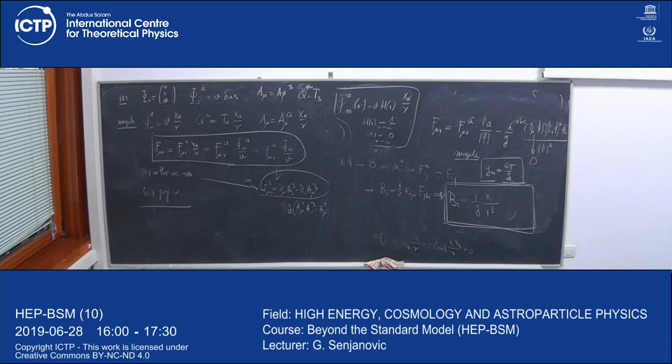I'm suspecting that the way we chose our vacuum at the boundary, winded around the S2, determines our charge somehow. For example, if I didn't have a term that winds once around the whole sphere, maybe I couldn't get any monopole there, right?